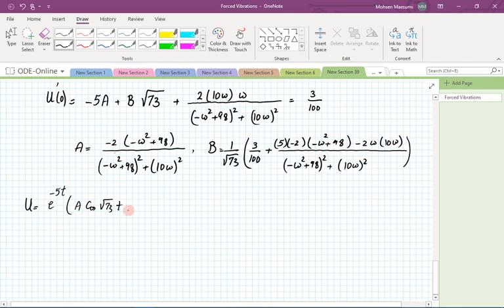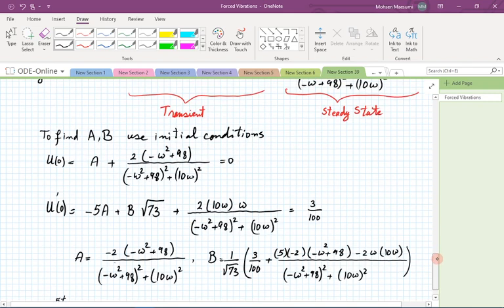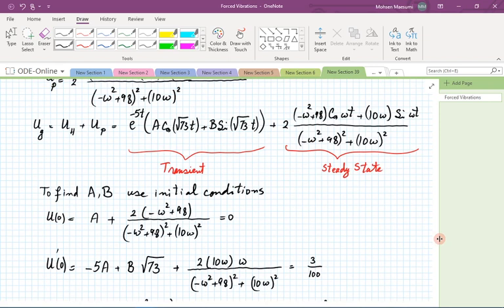This b, all of it is going to come here. And then the homogeneous... steady state solution is going to be here as well.